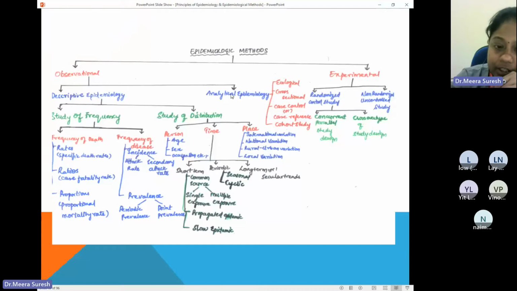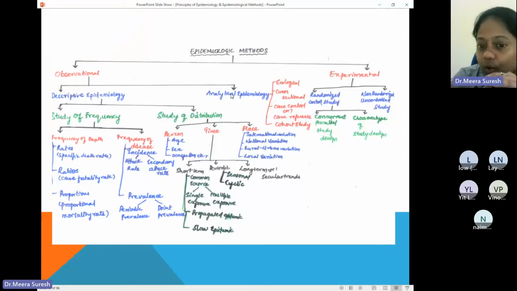Similarly, when you do a cross-sectional study of a population in Malaysia and decide to do a comparative study with a population in Indonesia for your PhD or whatever, then you are going to compare two populations. Of course, you studied only one time, so that makes it a cross-sectional study. But here you are comparing two populations. If that cross-sectional study has such a comparative group, it comes under analytical epidemiology. And if there is no comparative group, even the cross-sectional study will go under descriptive epidemiology. So such a catch is there.